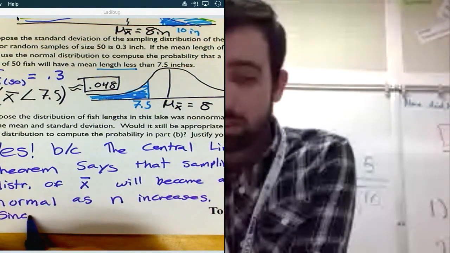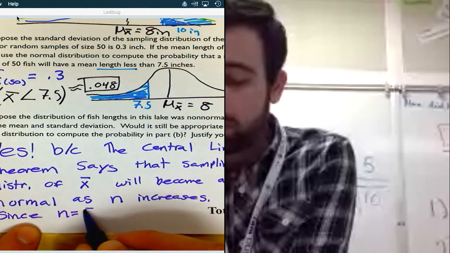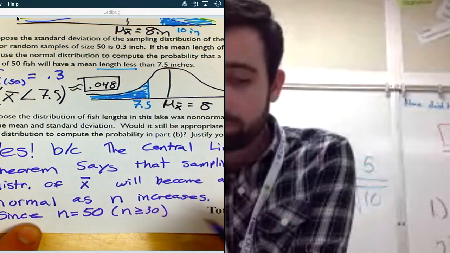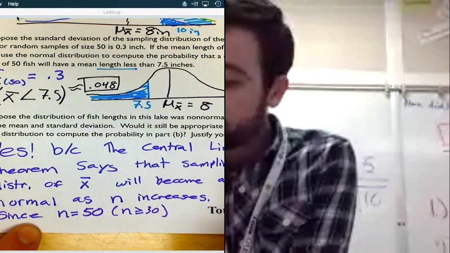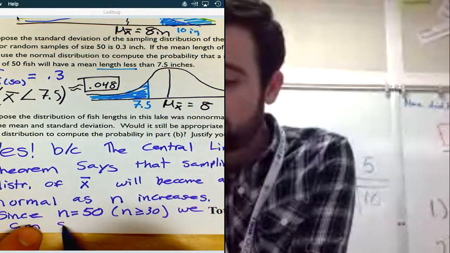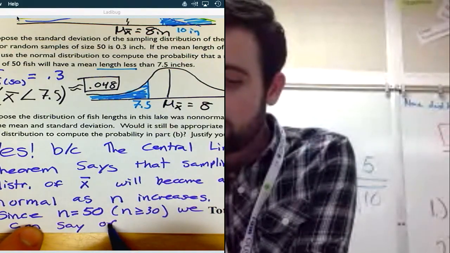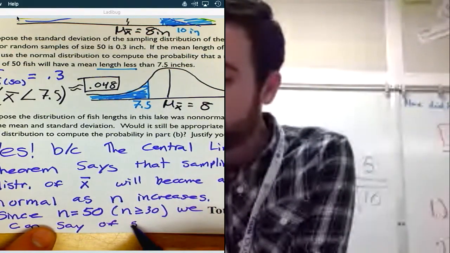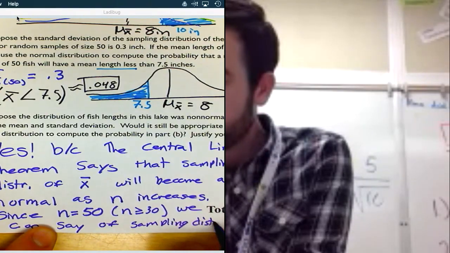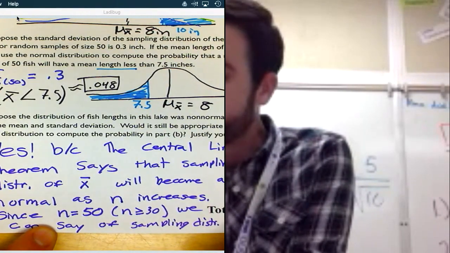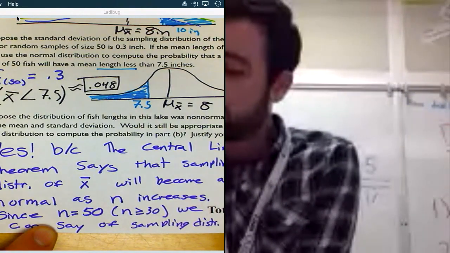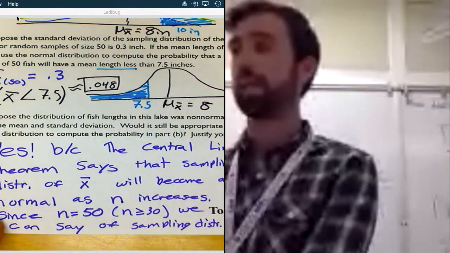Since n is equal to 50, or n is larger than 30, we can say our sampling distribution will be normal, or will be approximately normal. I'll just leave it like that.